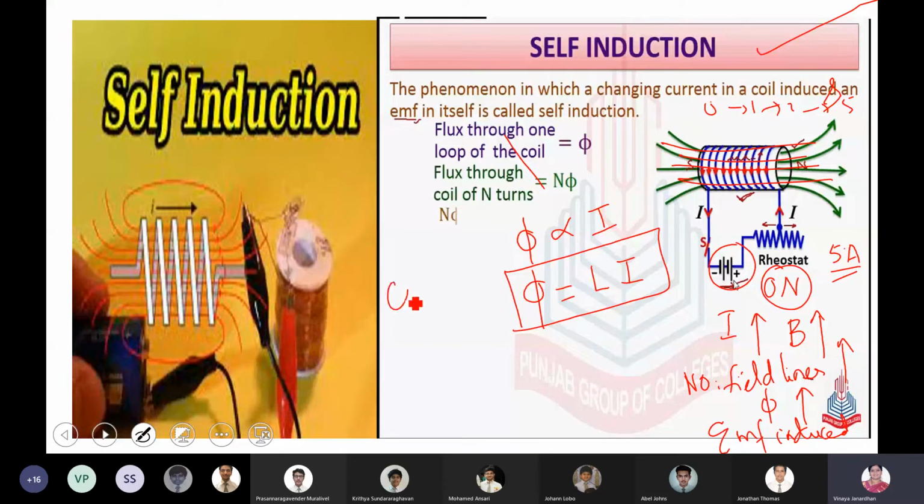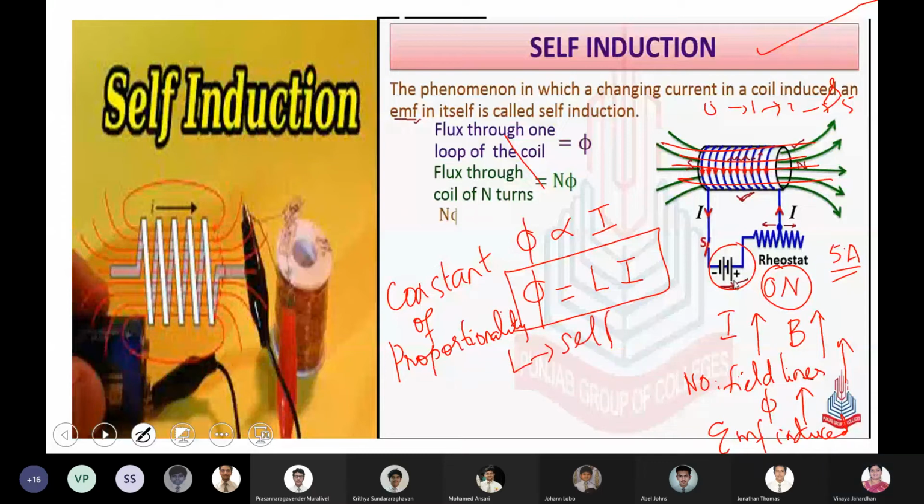So this constant of proportionality L is called the coefficient of self-induction, and it depends on the geometry of the coil.